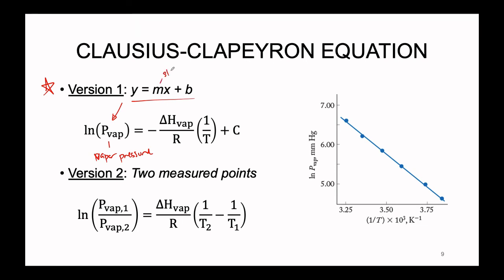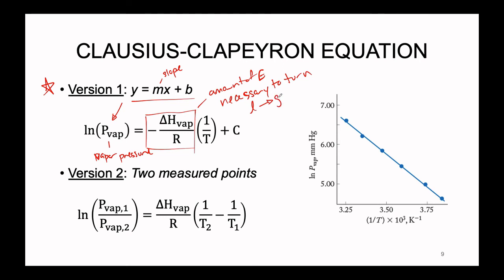Next up, we have our m. This is our slope of the straight line, and our slope in this case is going to be equal to a negative enthalpy of vaporization. So here we see something coming back from chapter 10, enthalpies. Specifically, the enthalpy of vaporization here is the amount of energy necessary to turn liquid to gas.